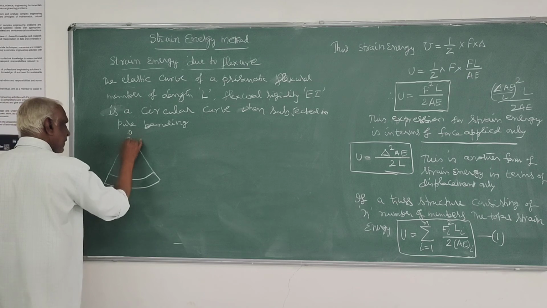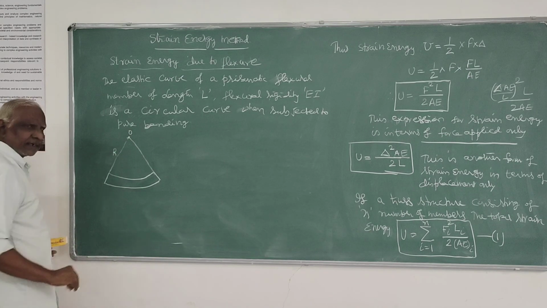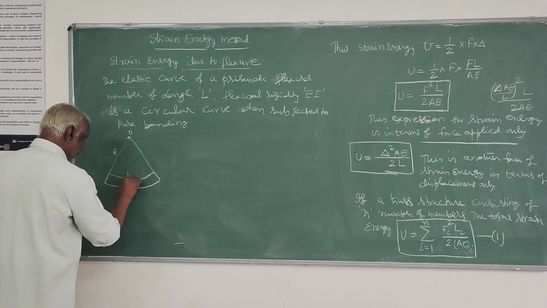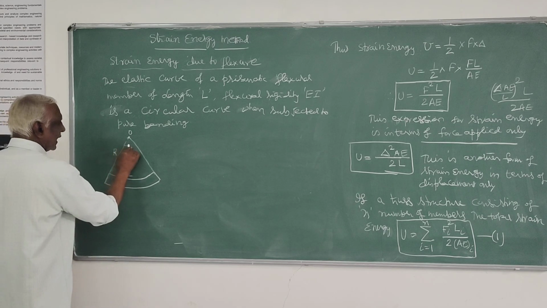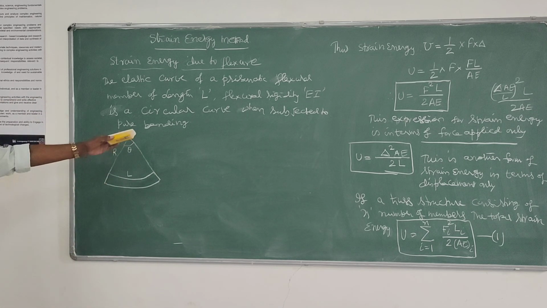So having some origin or center O, R will be the radius of curvature, L is the length and theta is the angle of curvature. This you have derived in strength of materials.